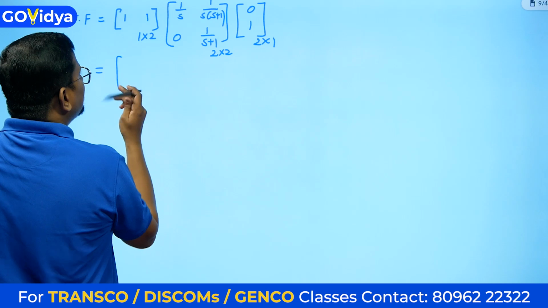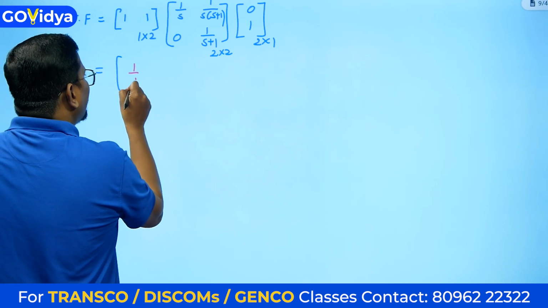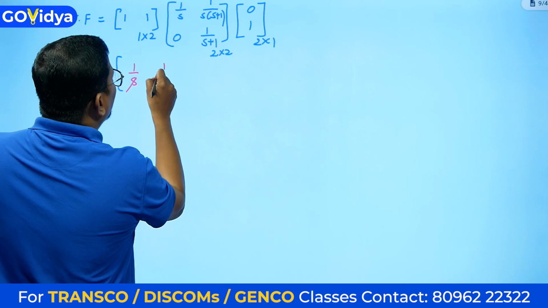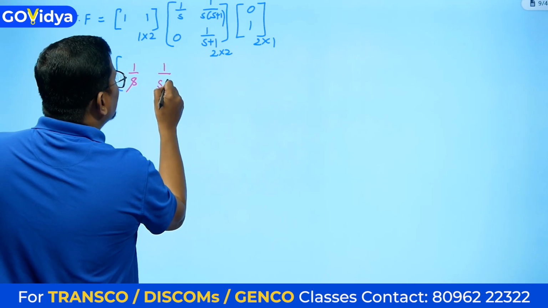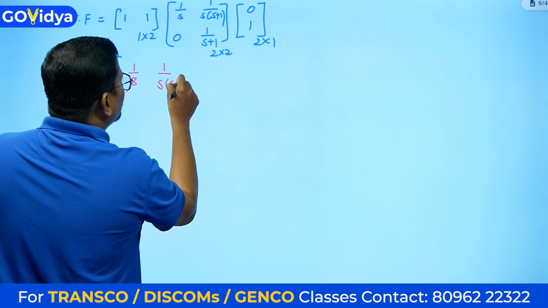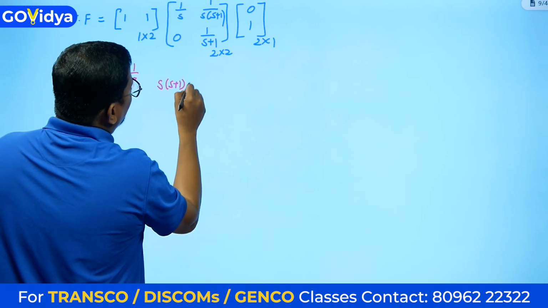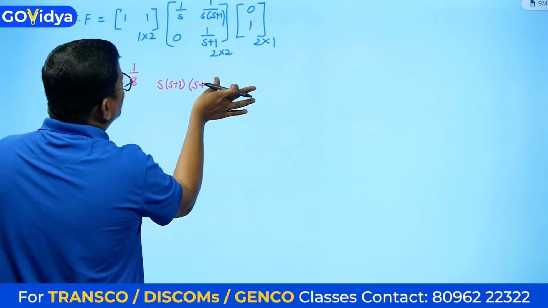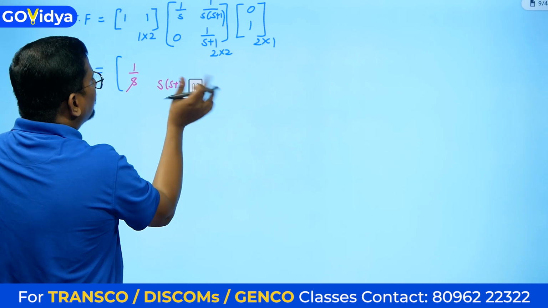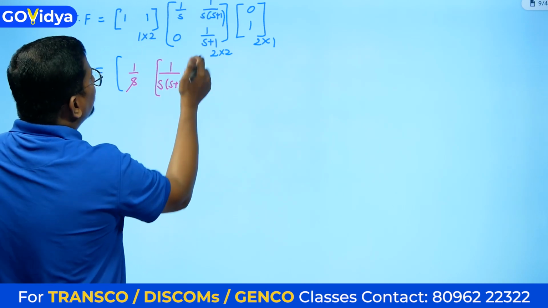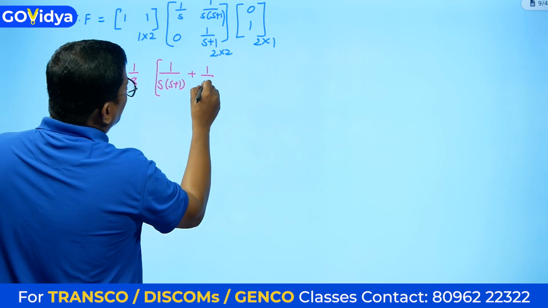So it is nothing but simply, inside I am writing with a different color, 1 upon S and this into this. Can I write it like 1 upon S into S plus 1, S into S plus 1 into S plus 1 upon this one, 1 into S plus 1 upon S plus 1.